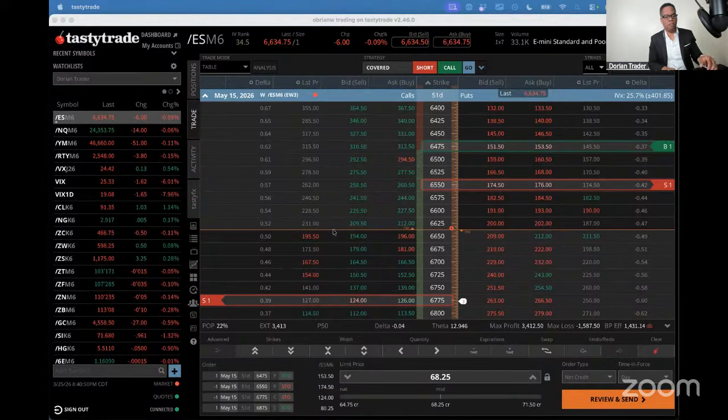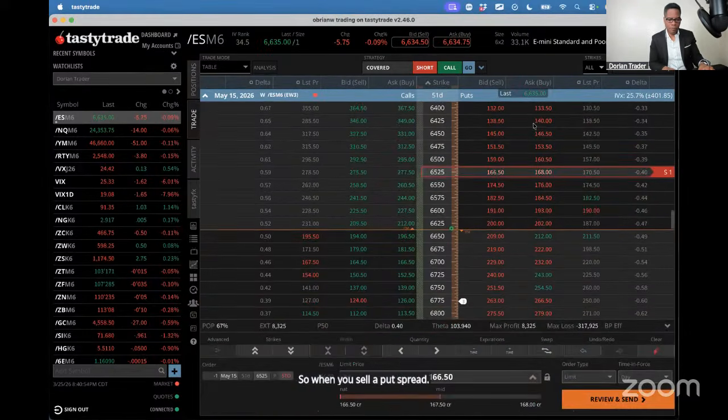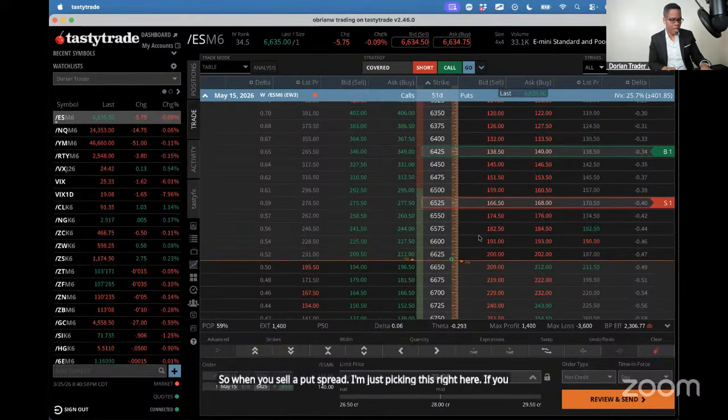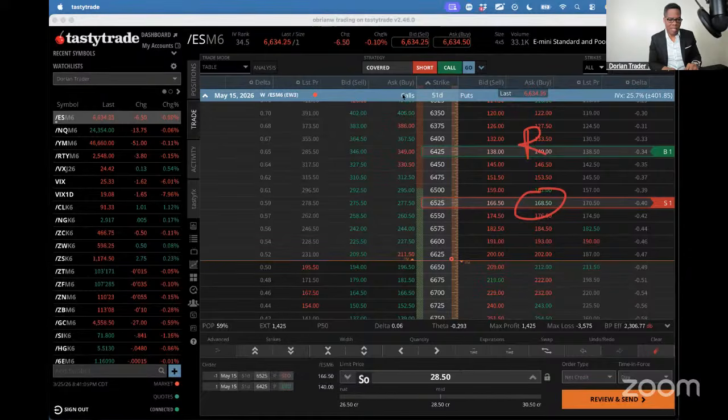So when you sell a put spread, I'm just picking this right here, you have an obligation and you have a right. Over the next 51 days, the most you can lose is between this spread.